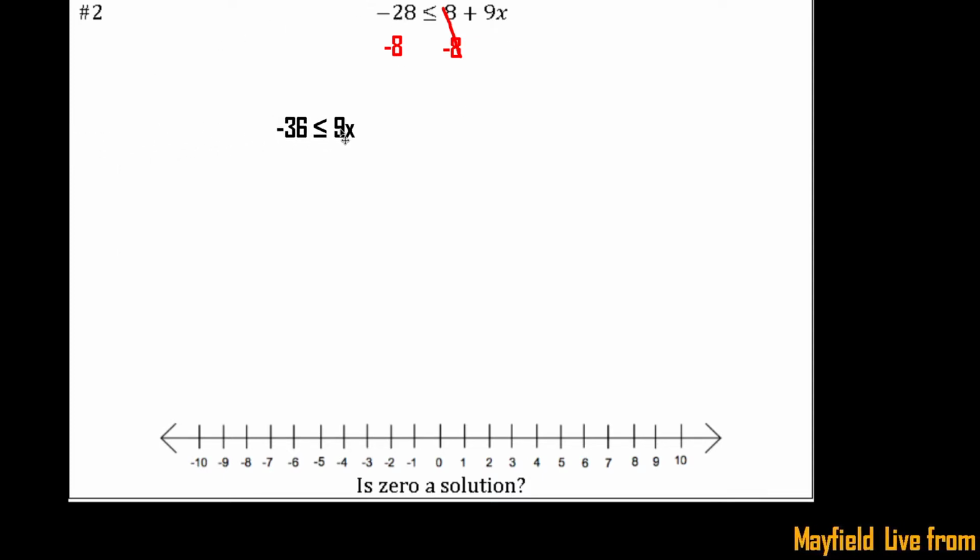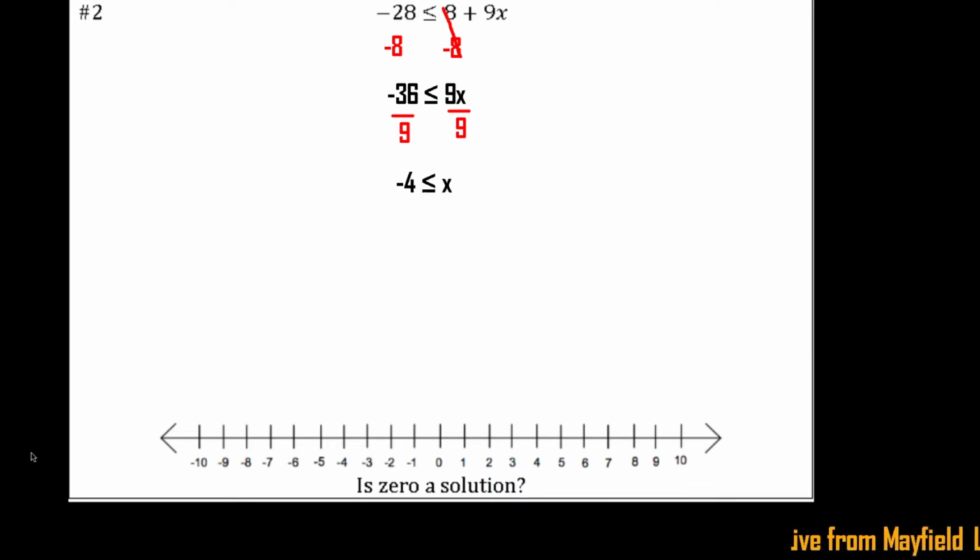On the left side, we're going to have negative 36. Again, we can make sure that we are dividing both sides by the coefficient, so we divide both sides by 9. Even though we are ending up with a negative value, we don't have to switch the direction just yet. And so we're going to be left with negative 4 is less than or equal to x.